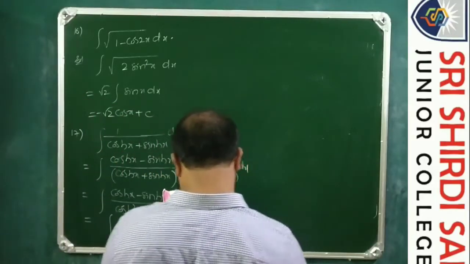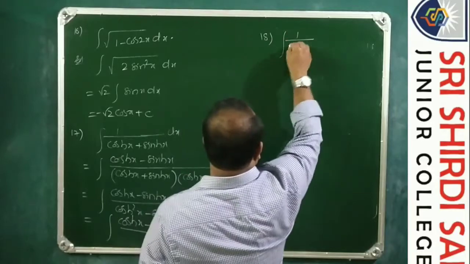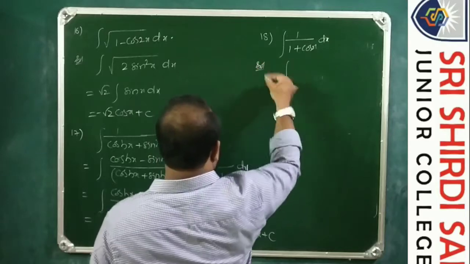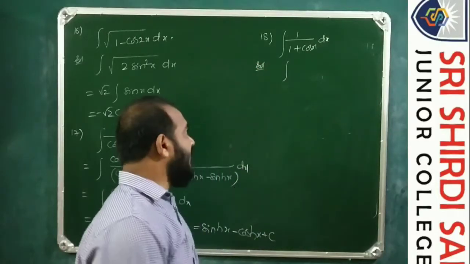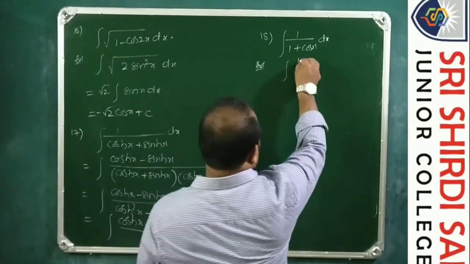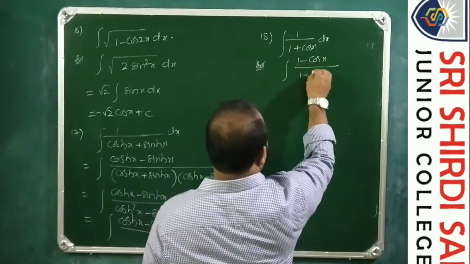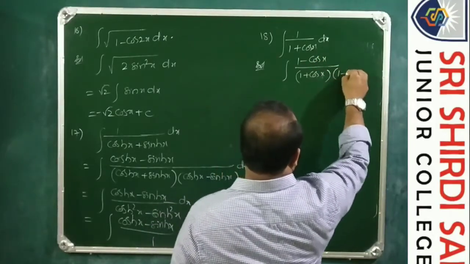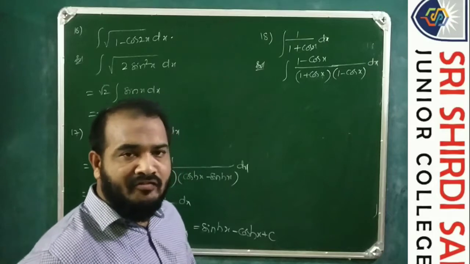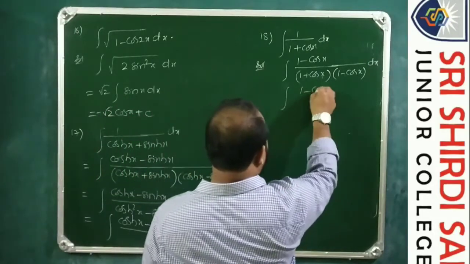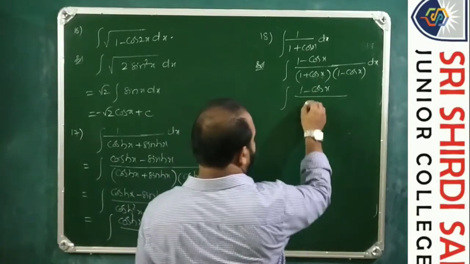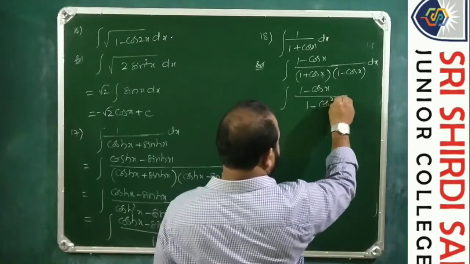The next question is integral 1 by 1 plus cos x dx. So this is equals to, let us multiply and divide by 1 minus cos x. So 1 minus cos x by 1 plus cos x into 1 minus cos x dx. So this is 1 minus cos x by a plus b into a minus b, a square minus b square. So 1 square is 1, minus cos square x dx.